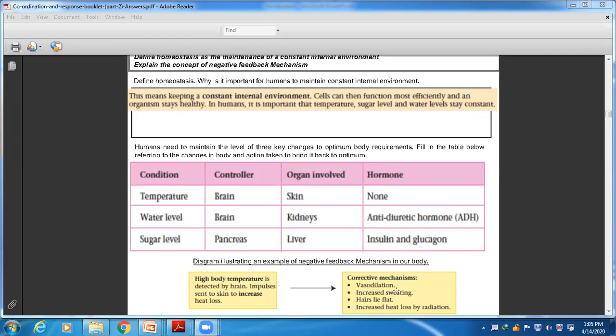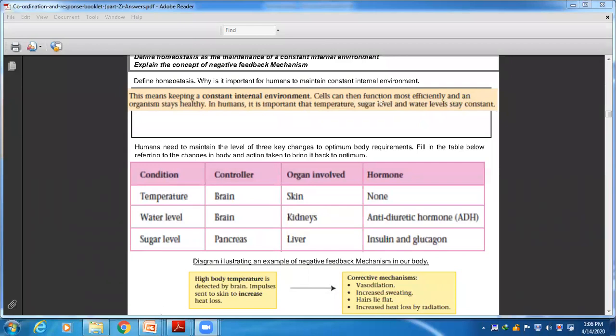Another, like, the hairs will lie flat. When there is cold, the hair on the skin will become erect, it will stand, but it is not much applicable in our body. Some mammals are there in which this is applicable, right? And why I will explain this point: when it is cold it will stand.